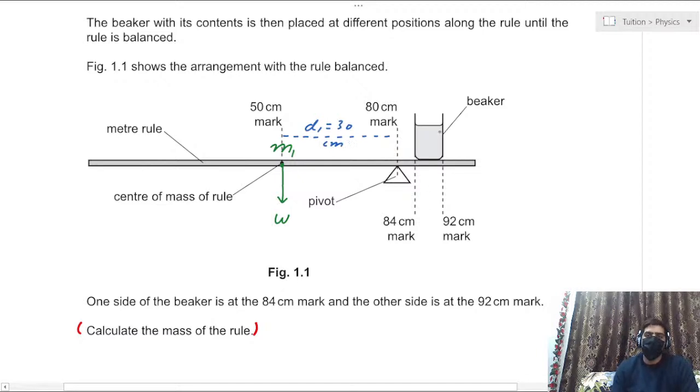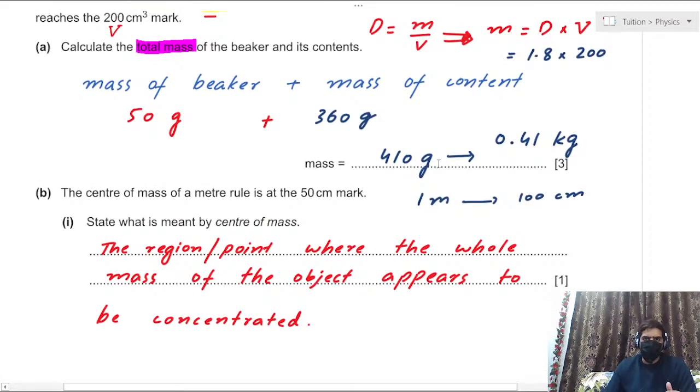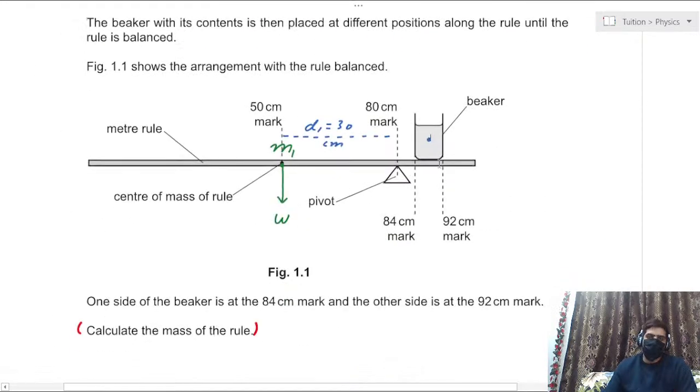Now on the other side of the pivot, what is the mass of this content, the beaker and its content? We calculated in the previous part, it was 0.41 kilograms. Let's use grams. It was m2, 410 grams.